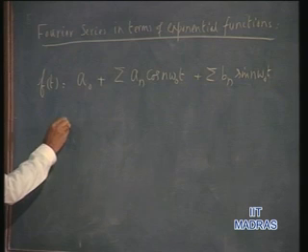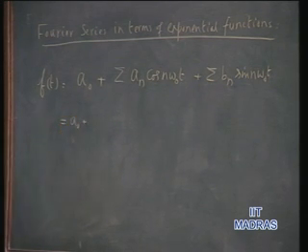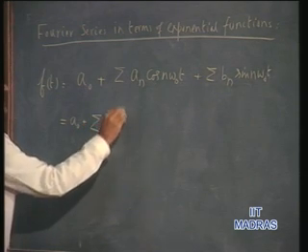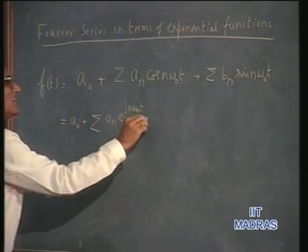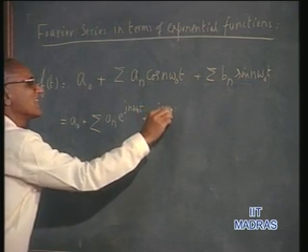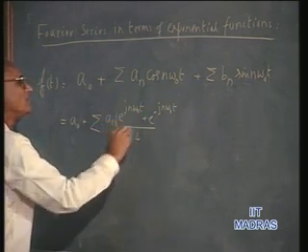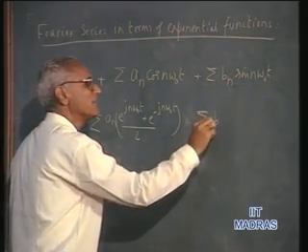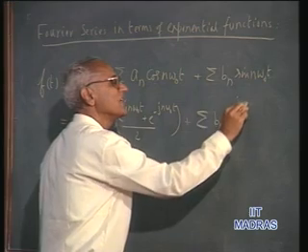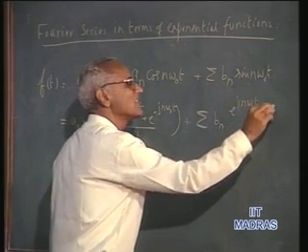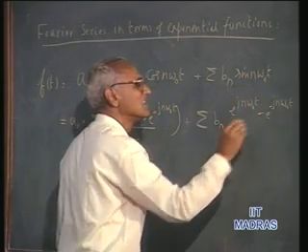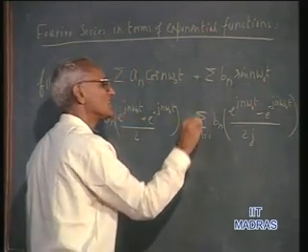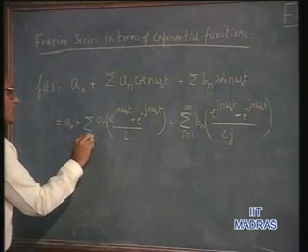Now we can express sine and cosine terms in terms of exponential functions. So I can write this as an times e to the power of jn omega naught t plus e to the power of minus jn omega naught t, divided by 2, plus bn times e to the power of jn omega naught t minus e to the power of minus jn omega naught t, divided by 2j, n from 1 to infinity.